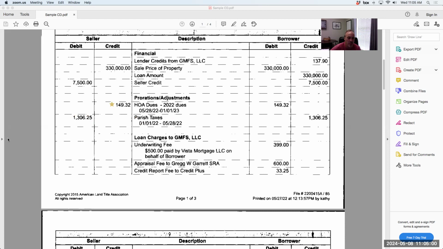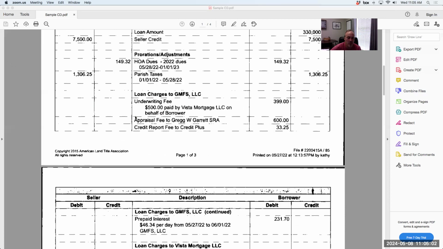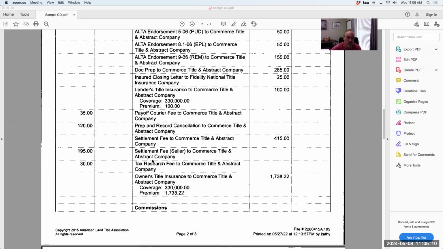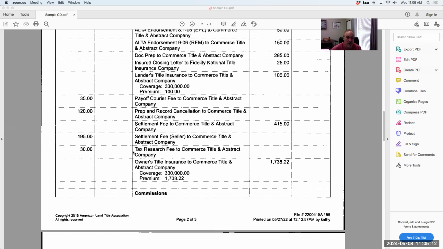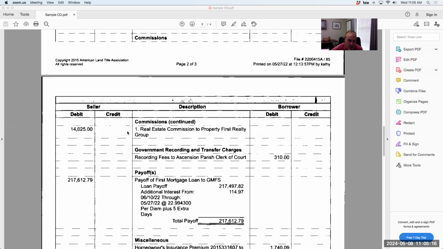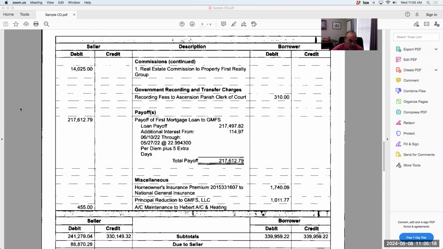All right, moving on. These are just some other minor fees charged from the title company to the seller: the loan payoff, and the settlement fee for running his credit and making sure he's got no liens and judgments against him. You'll see the loan payoff here.